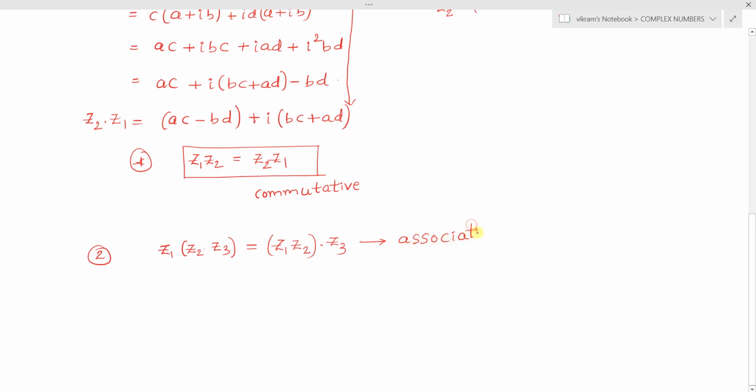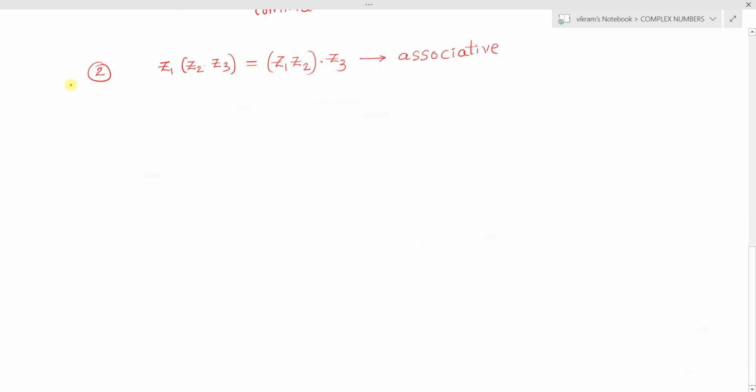Just consider any examples of z1, z2, z3 and do the calculations. You will get the LHS equals RHS, so z1 times z2 z3 equals z1 z2 times z3. So it is associative.